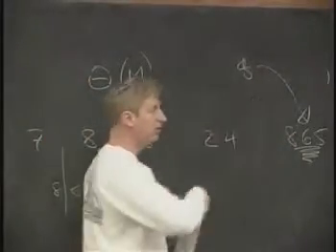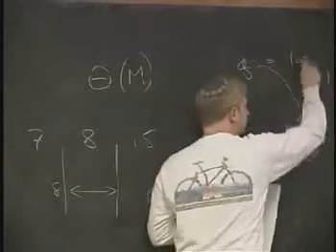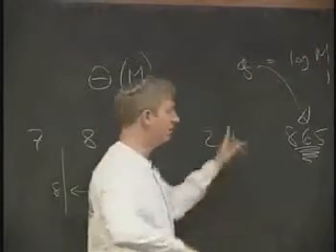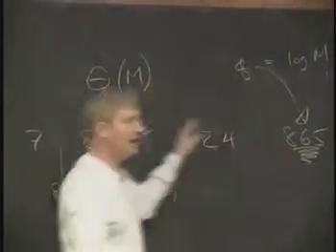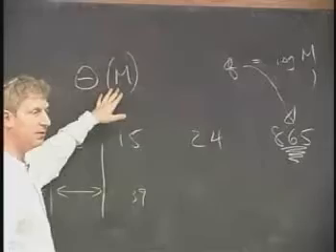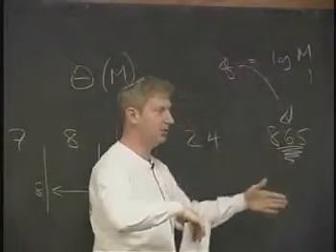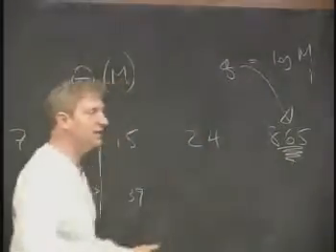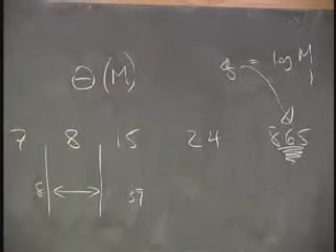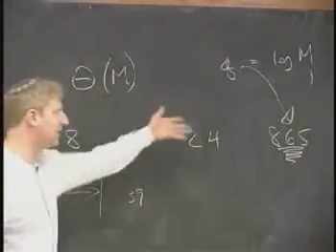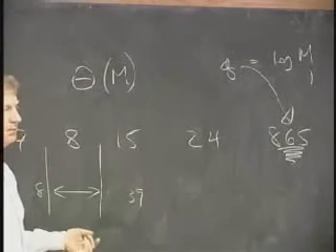How big is q? Q is the logarithm of m. It's the number of digits in the number. So if I have an algorithm that runs in order m, that's exponential in the size of this number, in the size of the input. So we'd still think of it as being a bad algorithm. It's linear in something, but that something is not what we normally put in.